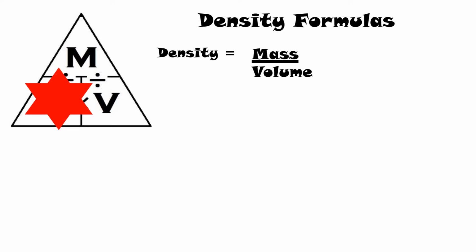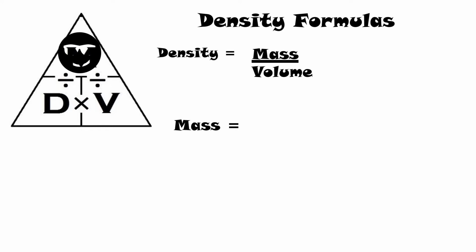Now let's go to the next one. Let's see for mass. We'll cover up the mass, and you tell me what's the mass formula. Hopefully you put mass equals density times volume. That's how you get mass.